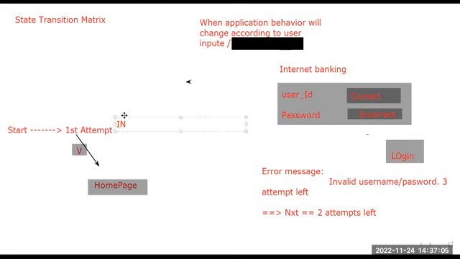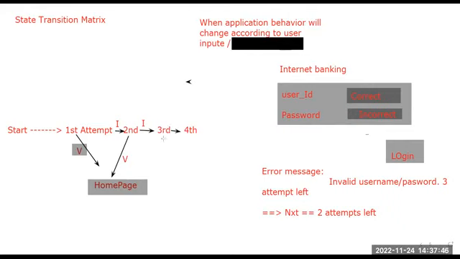It will allow you a second attempt, yes or no? Yes, correct guys, and it will say you are left with 2 or 3 attempts. Now assume you are in the second attempt and you give a valid credential. What will happen? It will navigate to the home page. But if you again give an invalid credential in the second attempt, it will ask you for the third attempt.